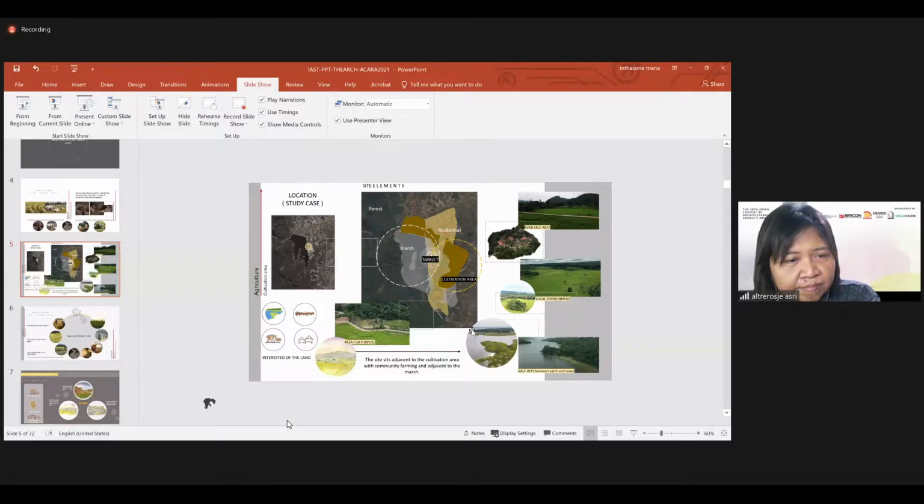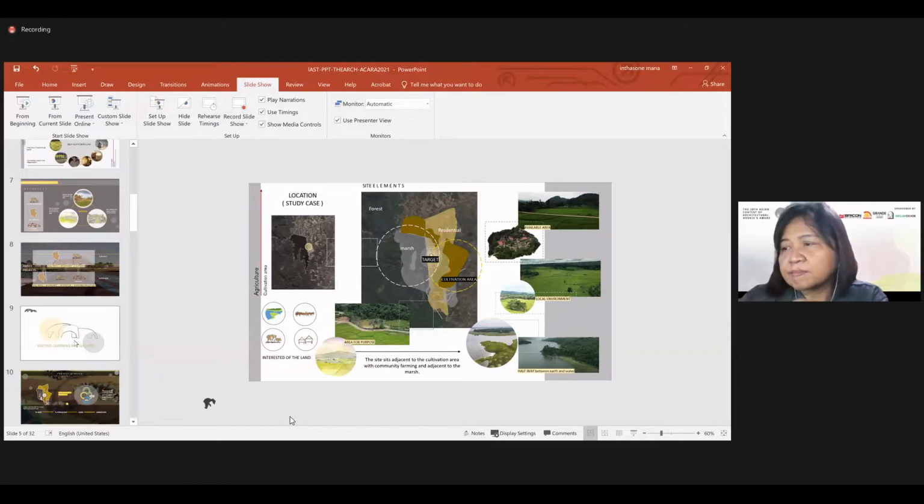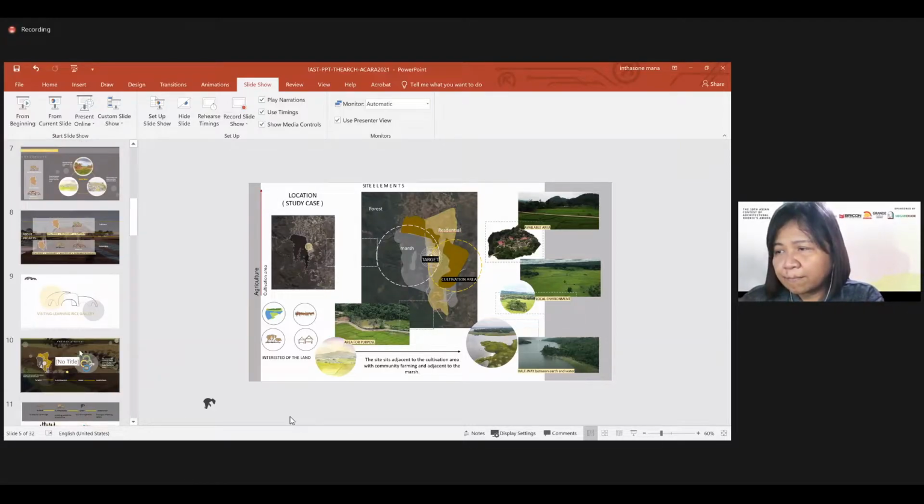So this is my idea, to design a building there, and the purpose of this building is to respond to the surrounding area and the community for farming.